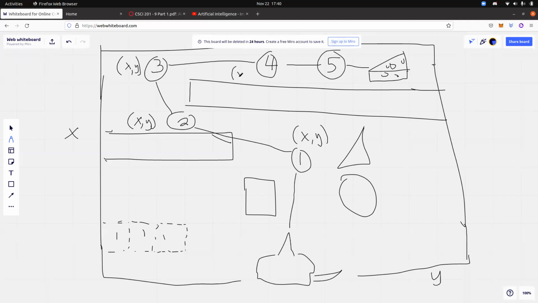And this one would be an XY coordinate. Also this one. And sorry, I forgot to mention one thing. We know the coordinate of the cheese. So the cheese, let's just call this, is in coordinate x prime, y prime.